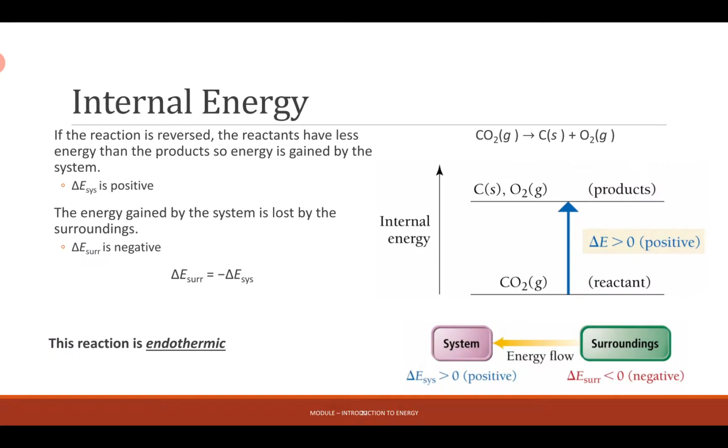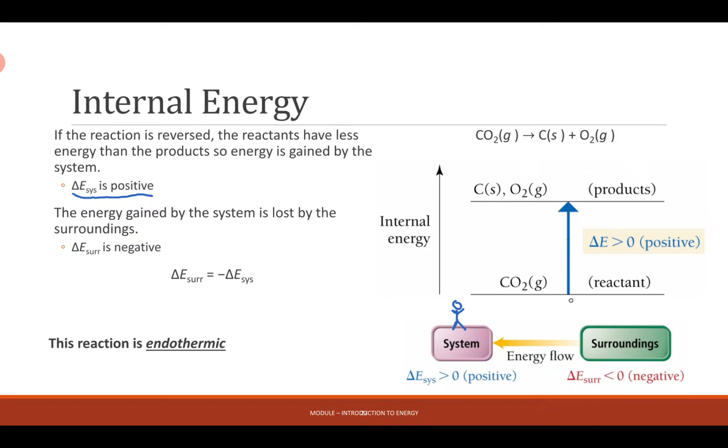In the opposite direction, if your delta E for your system is positive, that means that your system is overall gaining energy. So your energy is flowing from your surroundings to your system. That means that you're ending in a higher energy state than you started.